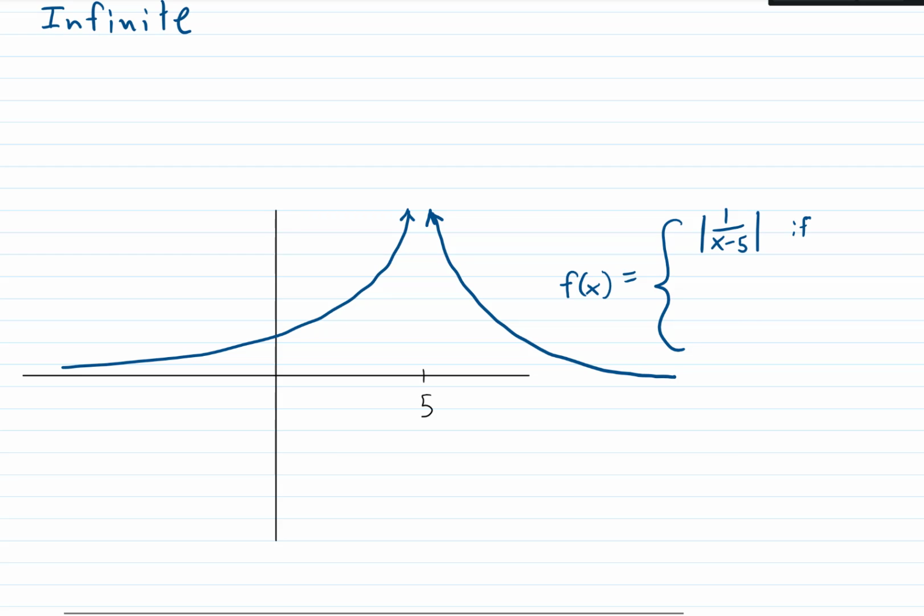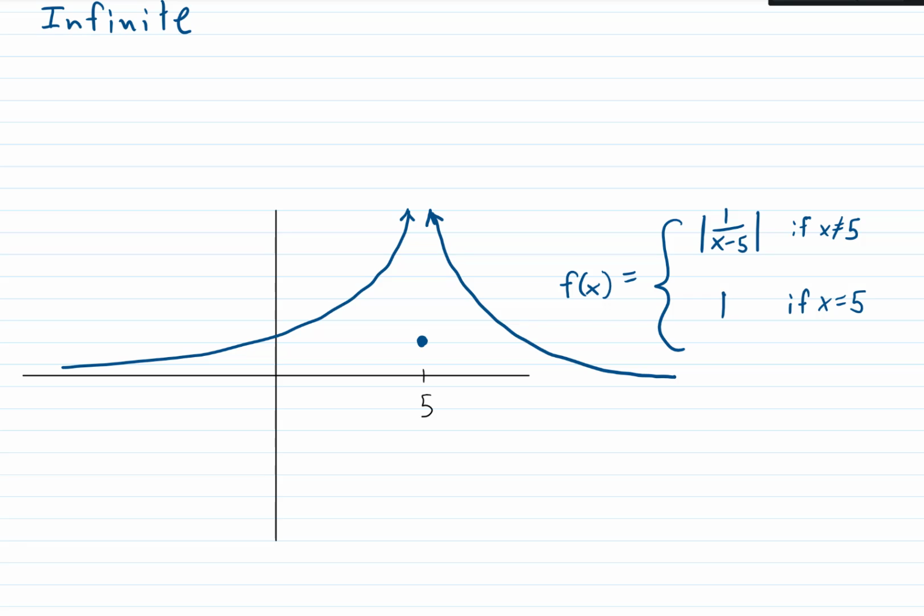There we go. f of x equals that if x is not 5 and f of x equals 1 if x is 5. Well, that's no longer a rational function. Now it's more complicated than a rational function. And then it would look like this. And that would be discontinuous at 5, and it would have an infinite discontinuity at 5. Okay?